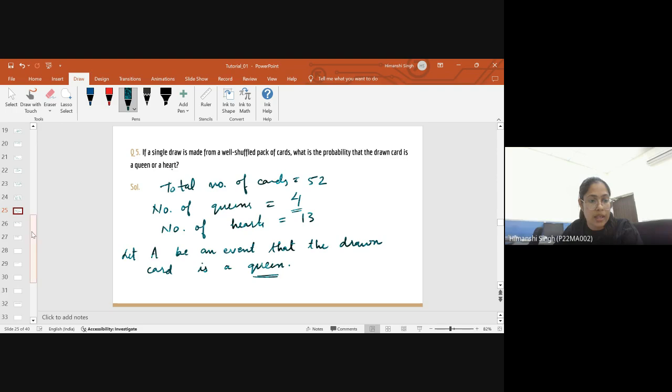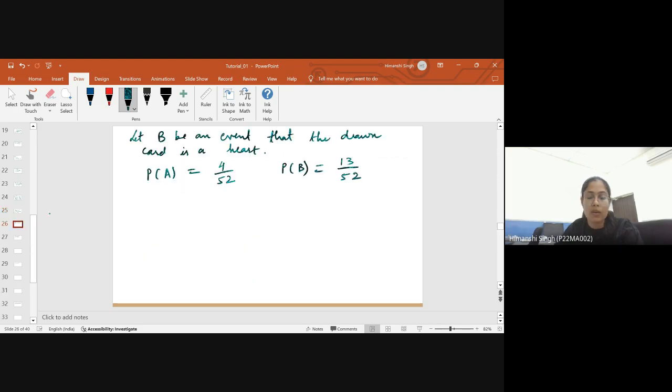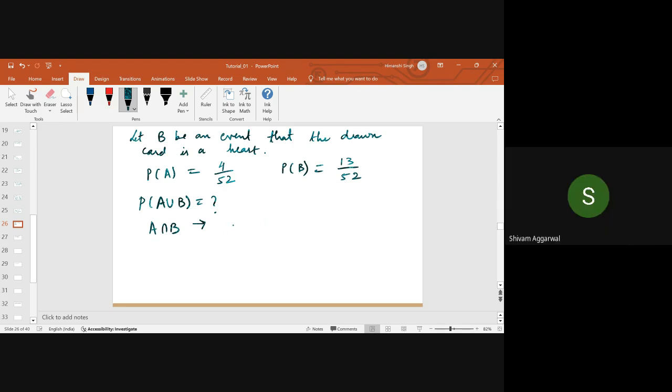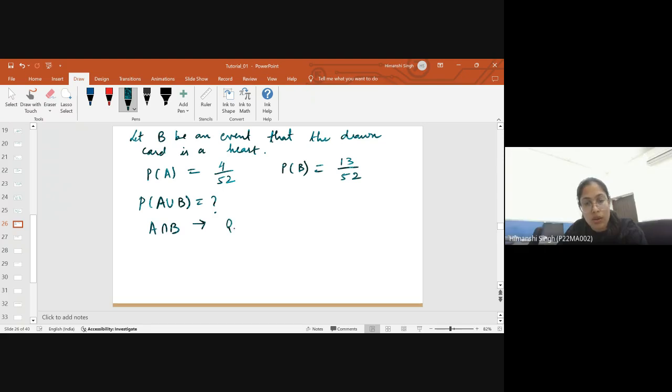Now the question is the probability of A union B. Just first let me know, what will the event A intersection B be? Just formulate it in words. Queen of Hearts. Yeah, so the drawn card is the queen of hearts.